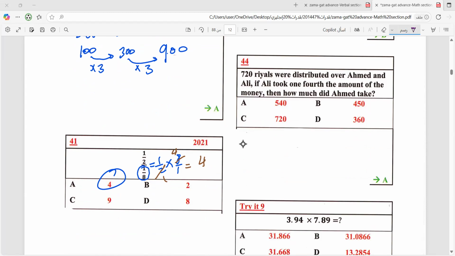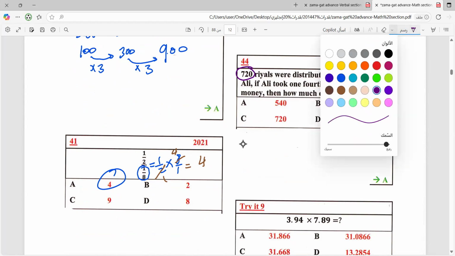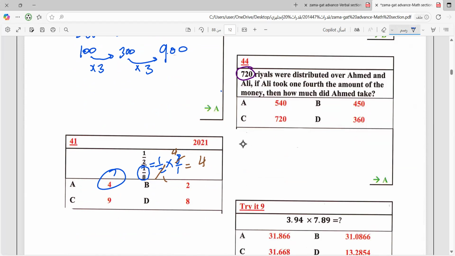Yes. The total is 720 riyals distributed between Ahmed and Ali. Ali took 1/4, so Ali has 1/4 of 720. When you divide it, you get it.